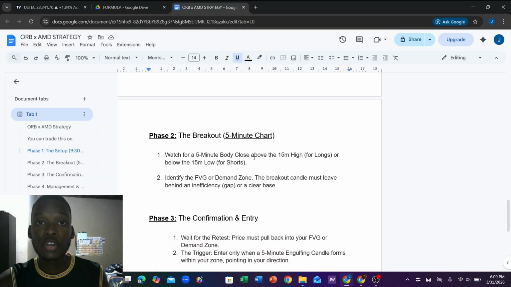Remember, you're on the 5-minute time frame. You wait for a 5-minute body close, not the wick. We want a body close above or below the levels that you have marked, the high and the low. After price closes above or below that level, you're going to identify the fair value gap or demand zone.